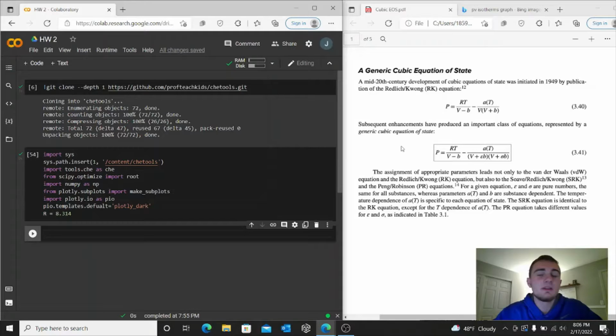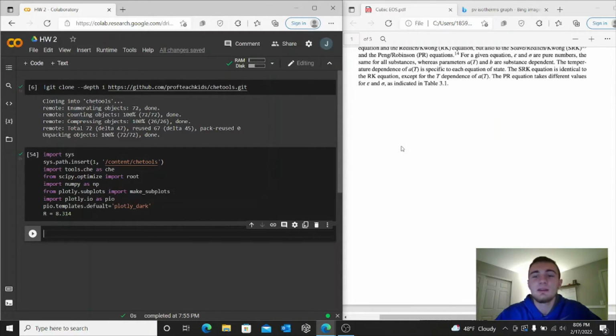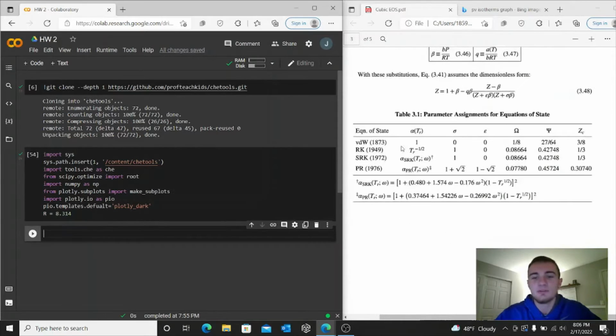Now, specifically in this video, the equation of state that we're going to be talking about is known as the SRK equation of state. This equation of state was created in 1972, and I'm not going to go into the exact basics of how it has improved from the van der Waals equation, but just know that it has made the equation more accurate over time.